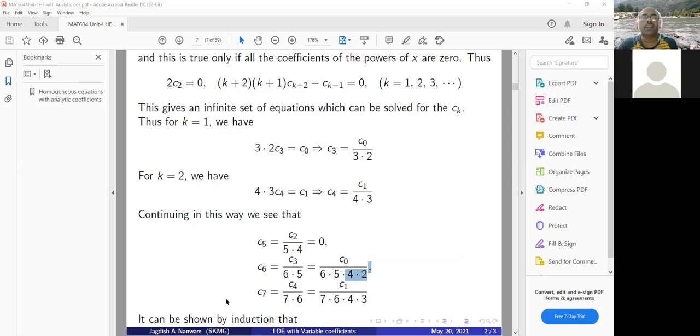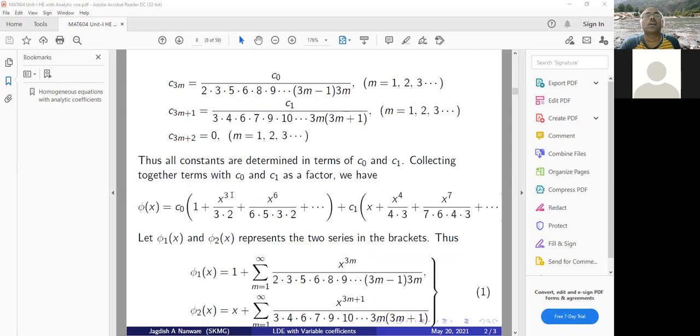And by induction, we can get the values of these coefficients, C3m, C3m plus 1, C3m plus 2. So by choosing the values of m as 1, 2, 3, you will get the values of all the coefficients.